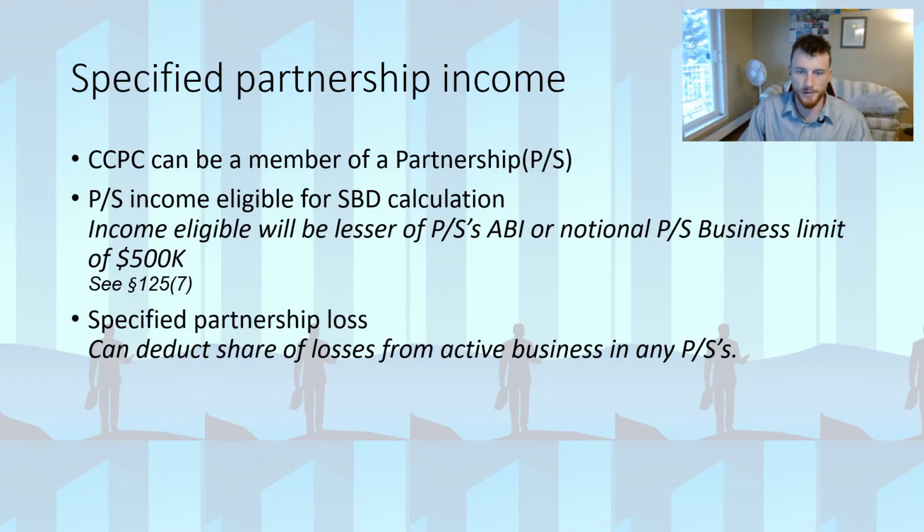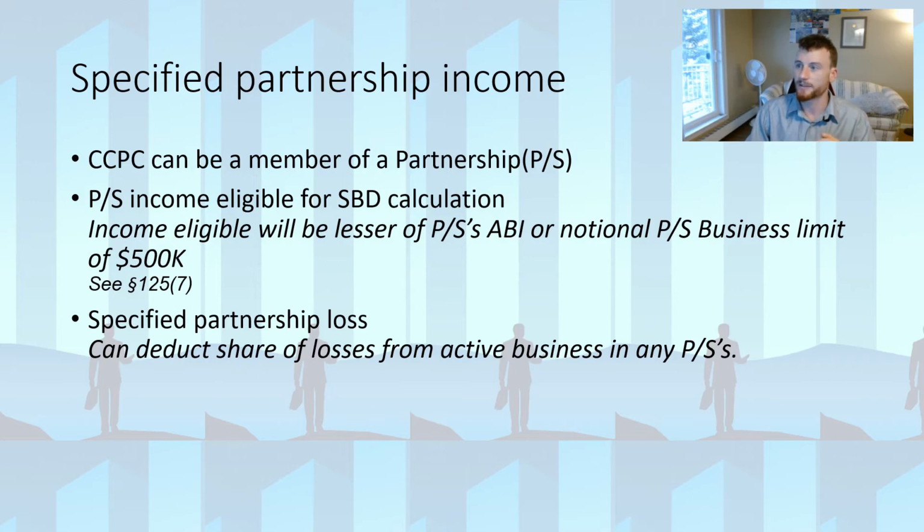Partnerships. Partnership income can be complicated, but let's have a go at this. A CCPC can be a member of a partnership. It could also be associated to a partnership by the way the person who owns the corporation is also in a partnership, and the corporation derives revenue from the partnership.